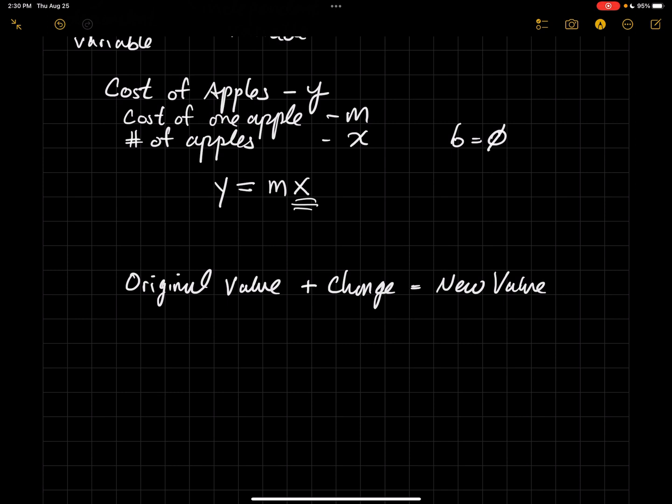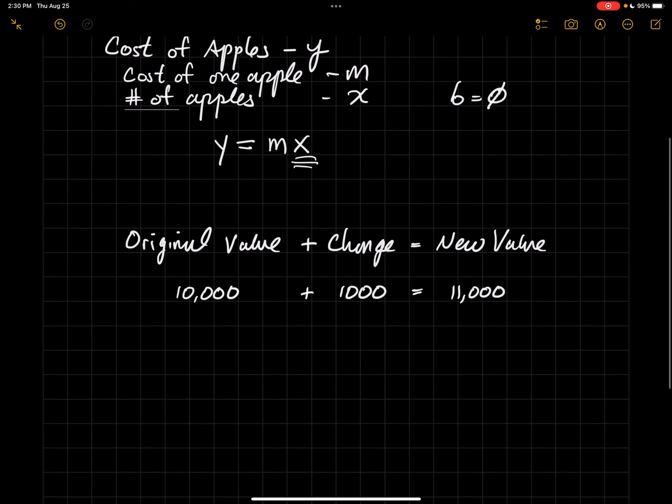So for example, my salary might be $10,000 a year, and I might get a raise of $1,000, so that would be the change, and that then results in a new salary of $11,000 a year, okay? And then if we wanted to determine what the percent change of that is, well, that's simply defined as follows, where we can say that the percent change is equal to the change divided by the original value.